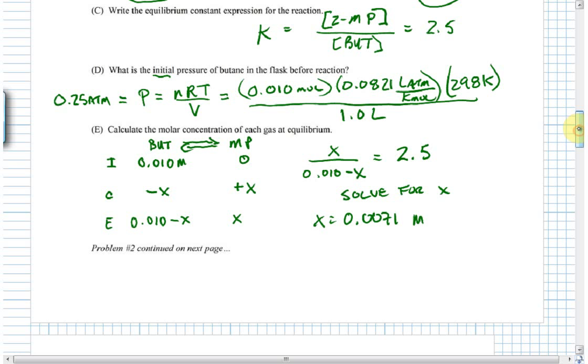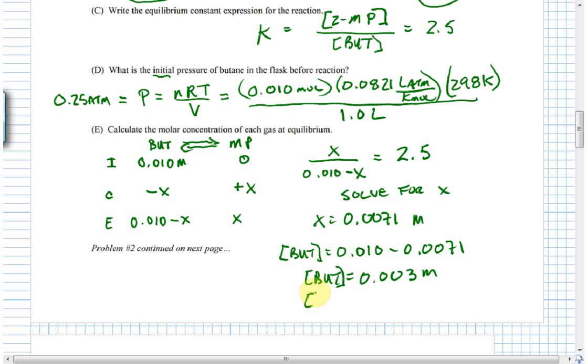Therefore, the butane concentration is going to be 0.010 minus 0.0071. The butane concentration to the correct number of sig figs is going to be 0.003 molar. The methylpropane concentration is going to be equal to 0.0071 molar. All right, so there we go. Excellent. Continue on to the next page.